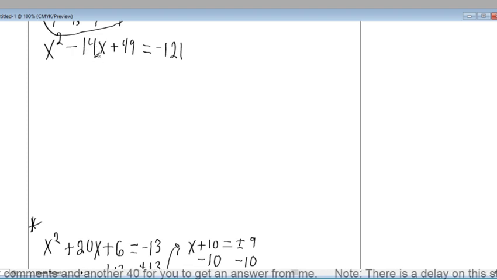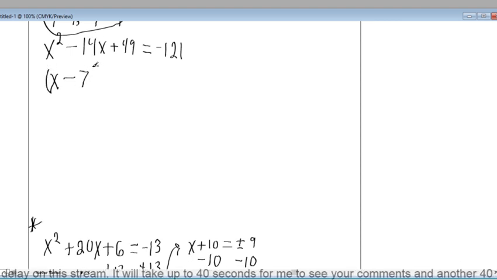What is 7 squared? 49. This is already a perfect square trinomial. So we can go ahead and factor it the way we know it goes. Take this variable, write it down. Take this sign, write it down. Take half of this number, write it down. Whole thing is squared.